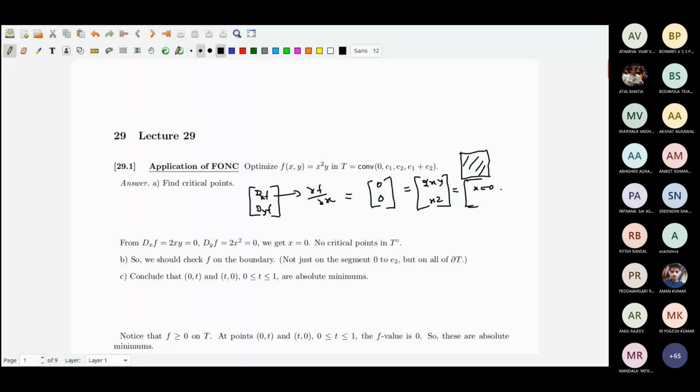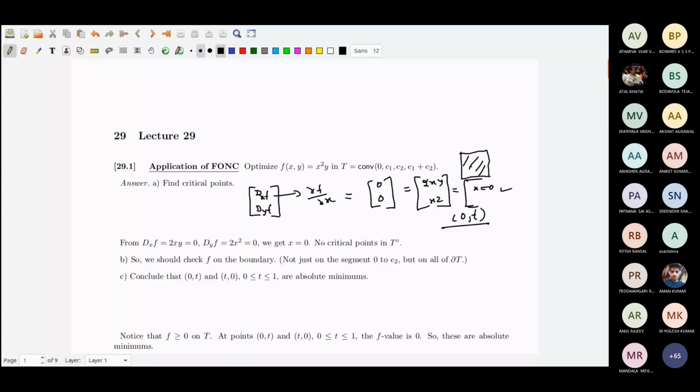So the points are like (0, t). And so there you see that there is no interior point, no critical point. So there is no critical point in the interior.